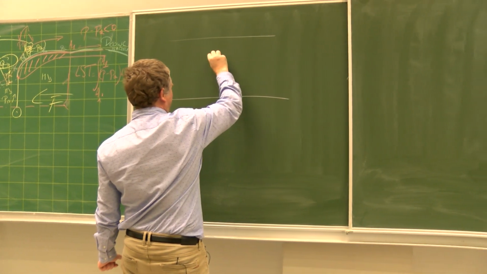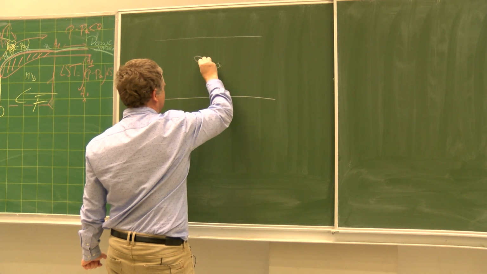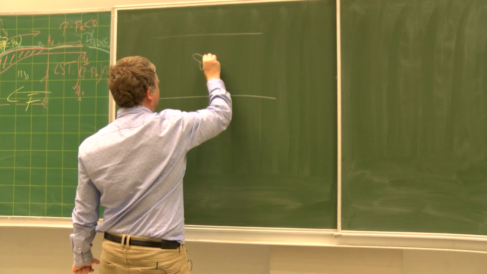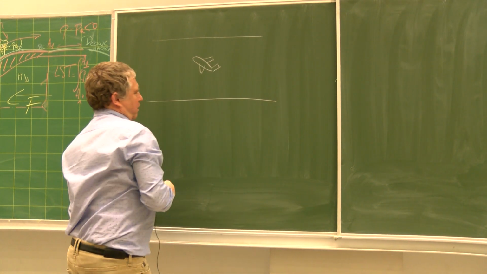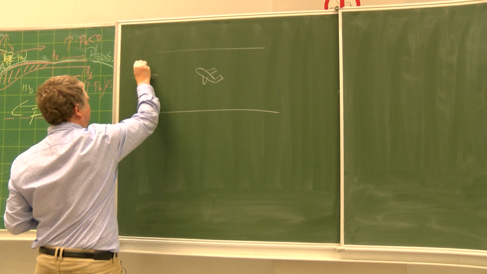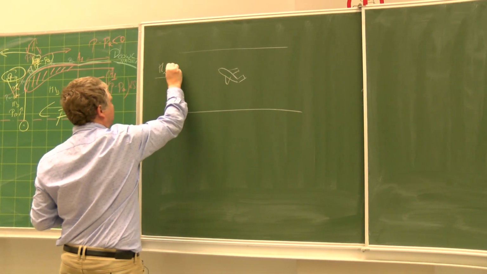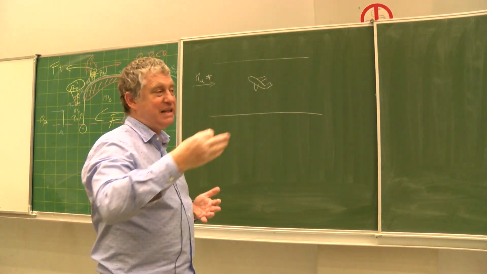you put the aircraft. So you put an aircraft in the wind tunnel, so with wings, and you make testing. So you will need to make testing at different Mach numbers, because the aircraft needs to take off, needs to climb, needs to cruise, needs to land.